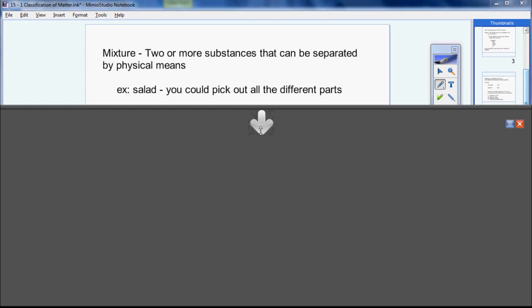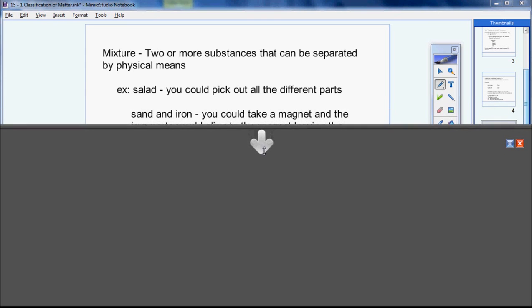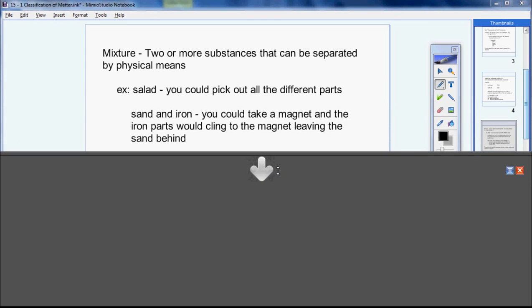Okay, some of you probably already have this, but just in case, sand and iron. And I said yesterday, if you mixed up sand and iron together, you could take a magnet and sweep it right through. After sweeping it through, the iron parts will stick to the magnet and it'll leave the sand right behind. So you could write down sand and iron.